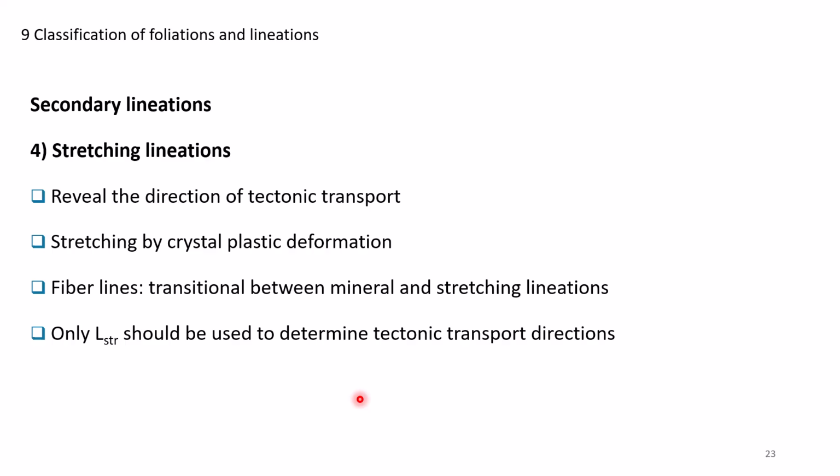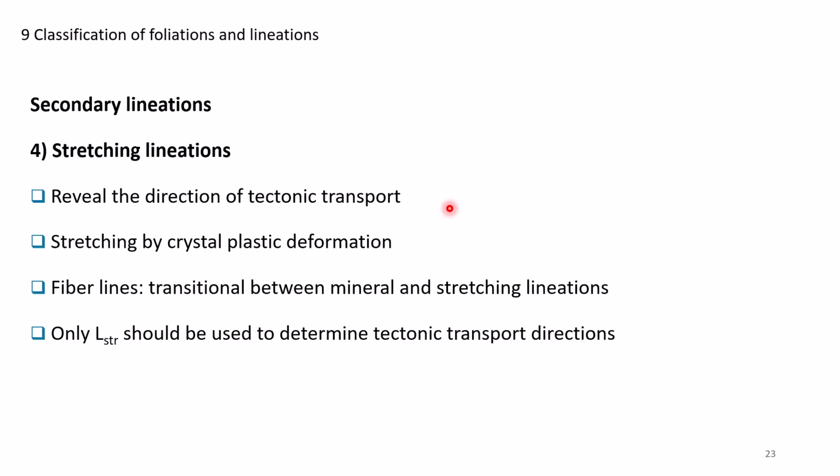For structural interpretations, the most important lineations are stretching lineations. Stretching lineations reveal the direction of tectonic transport, and they are formed by the stretching of strain markers by crystal plastic deformation. Fiber lines are transitional between mineral and stretching lineations.